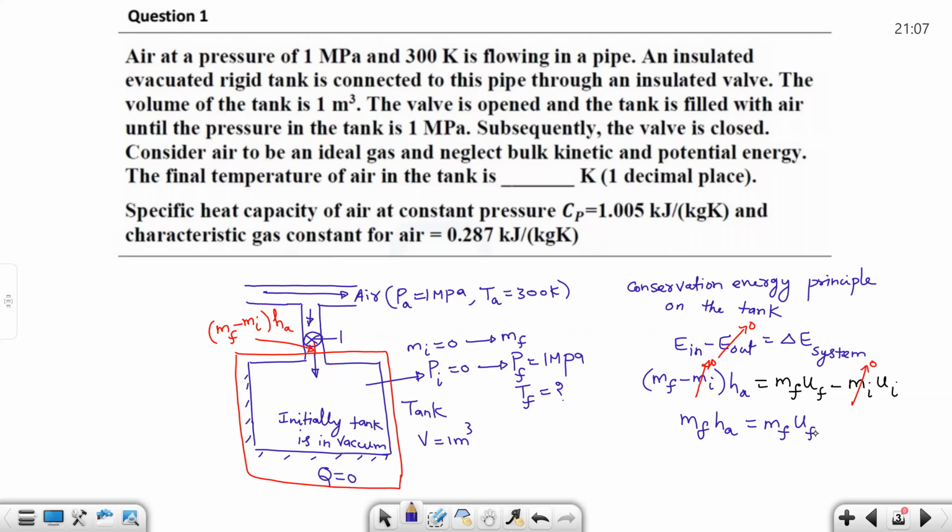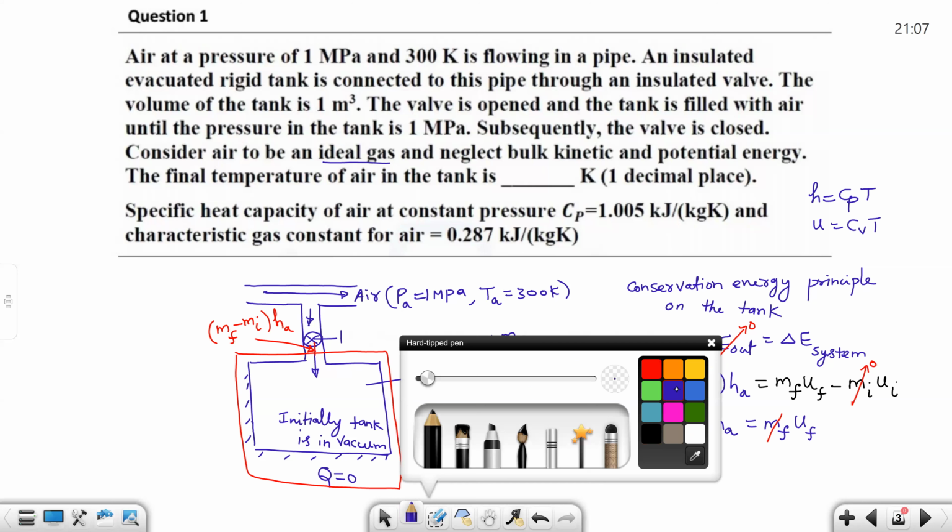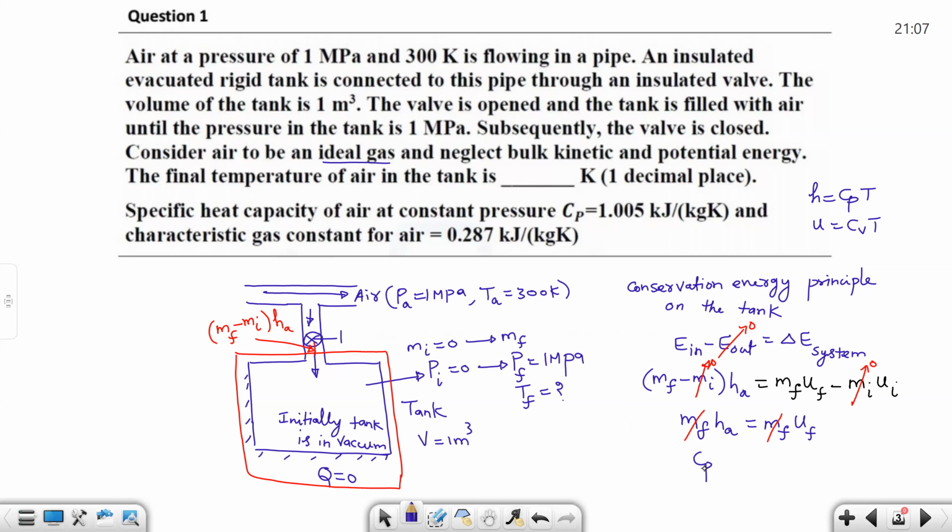Air being an ideal gas, H equals CpT and U equals CvT. The final mass on both sides will cancel. So Cp into the temperature of the air equals Cv into the final temperature of the tank, the final internal energy.